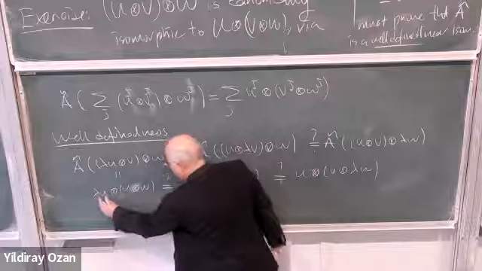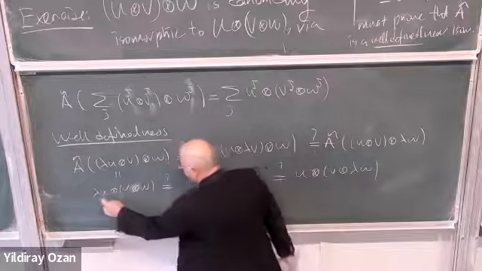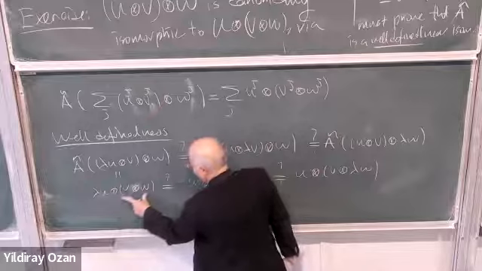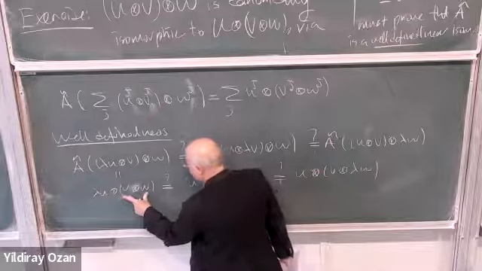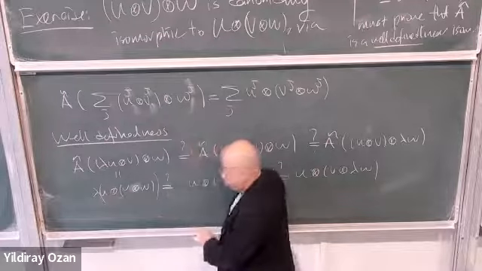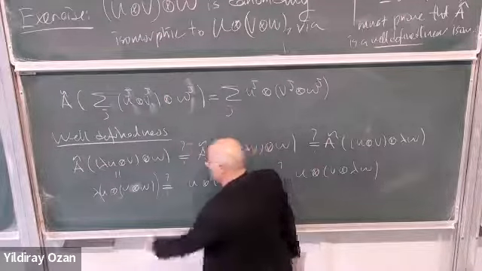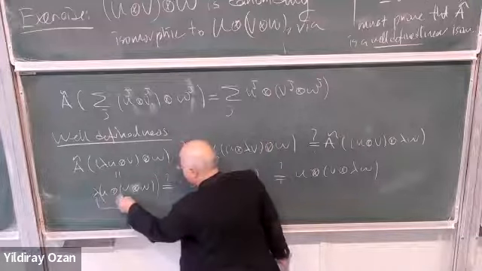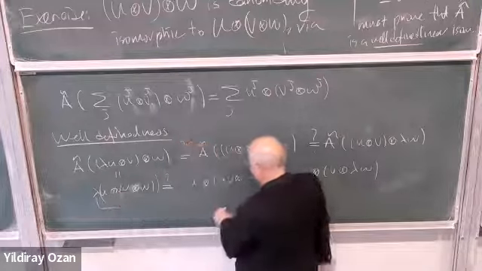This is a tensor product of two vector spaces. One vector from U, one vector from V tensor W. I can take this lambda outside the whole product, and then take this lambda in front of this.